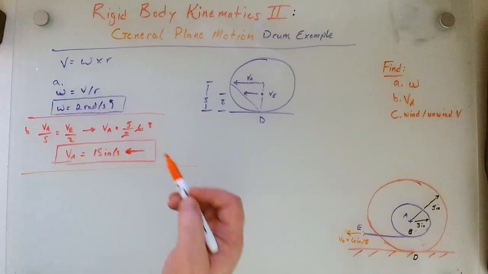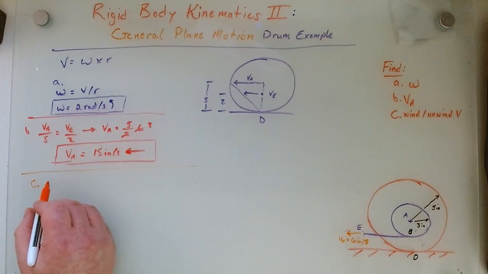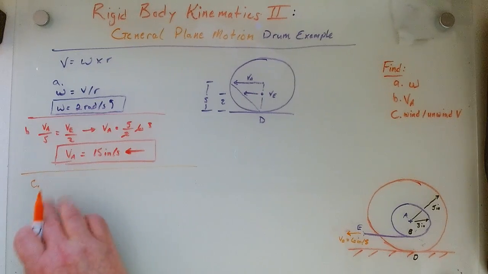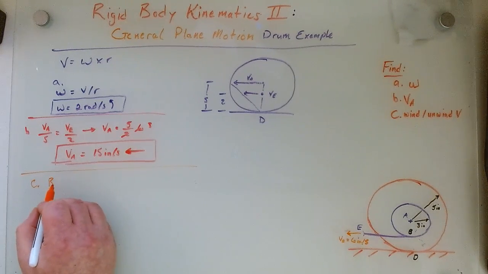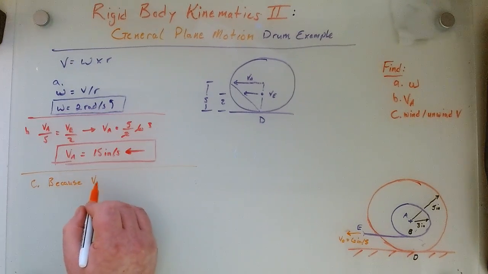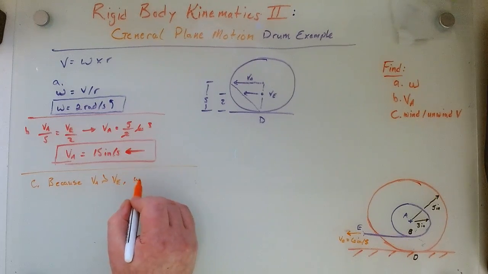So then we are winding cord, right? So how would we say that? We would say, because VA is greater than VE, we're winding.